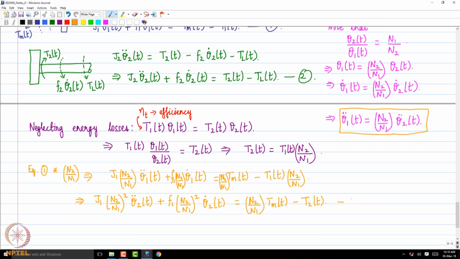Do you agree? Why did I get T2t? Because T2t is T1t times N2 by N1. So that is why we have this.